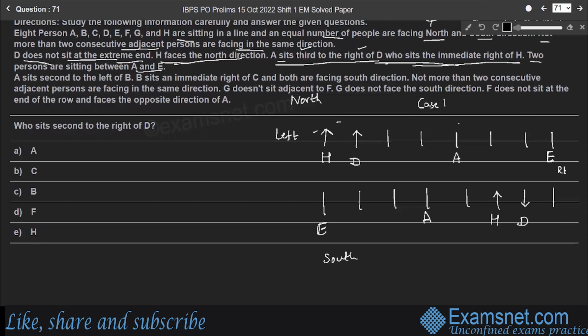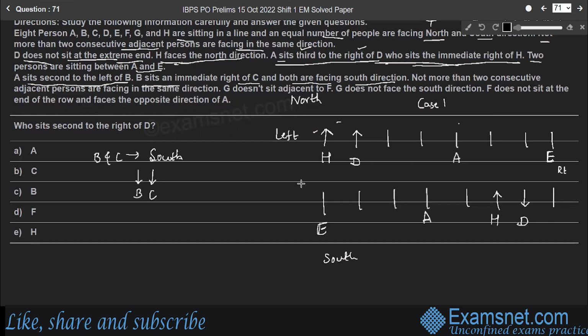Now, A sits second to the left of B and B sits at the immediate right of C, and both are facing south direction. That means B and C both are facing south. And B sits at the immediate right of C. So if C is facing like this, to the immediate right of C, B is sitting.